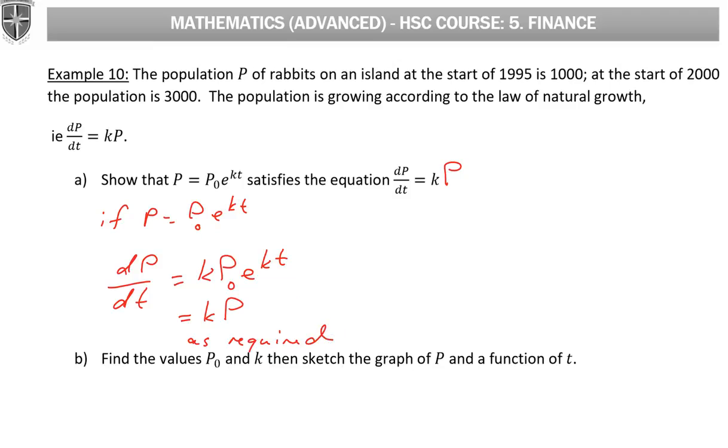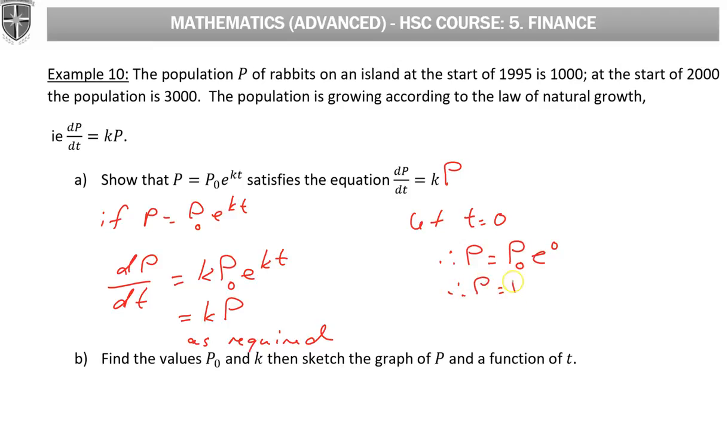I should also just explain this one here. Now let t equal 0. Therefore, P equals P0 times e to the 0.